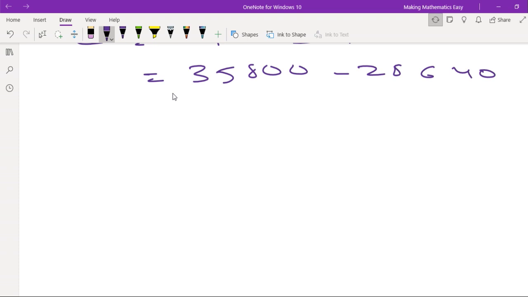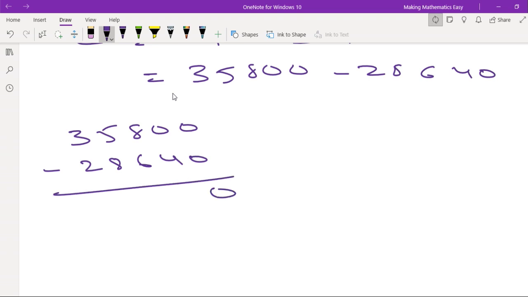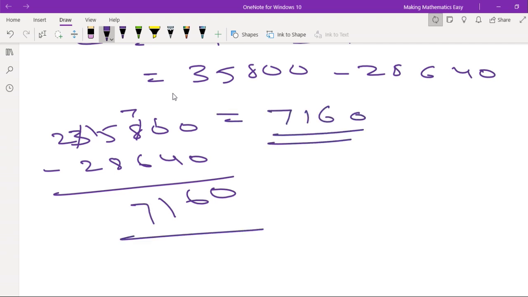You need to do the subtraction. This will become 0, this will be 7, 10, 10 minus 4 is 6, 7 minus 6 is 1, 5, 2, take it from here, 5, 6, 7. That's it. So there is a loss of 7,160 rupees.